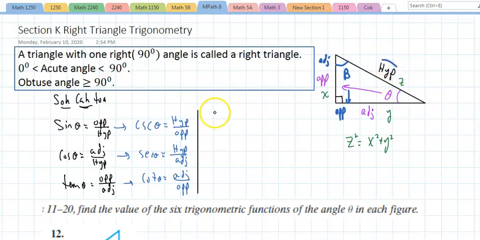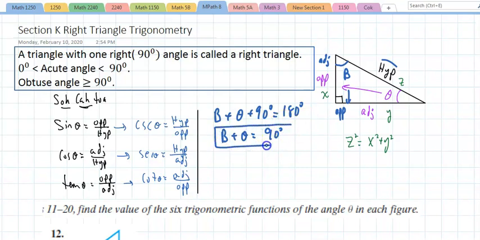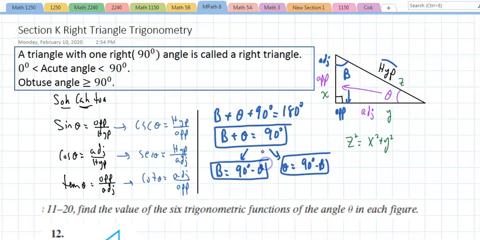What I notice is that if I take beta, add to it theta, plus 90 degrees, the sum of three angles in any triangle is 180 degrees. So beta plus theta equals 90 degrees. We call these complementary angles, indicating that beta is 90 degrees minus theta, or theta is 90 degrees minus beta. So that's important, and I'm going to elaborate on that later on in the section.